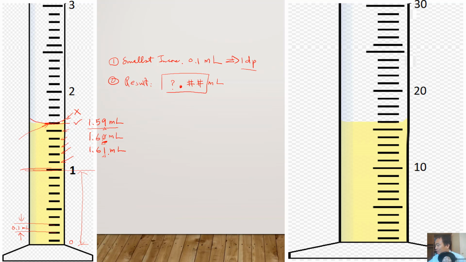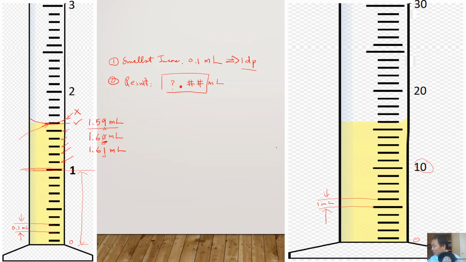First step on the right side, you look at, that's the 0, that's 10. In between 1 and 10, you have 10 increments. So let me just pick out any increment, the smallest increment. This would be representing 1 milliliter, not 0.1.